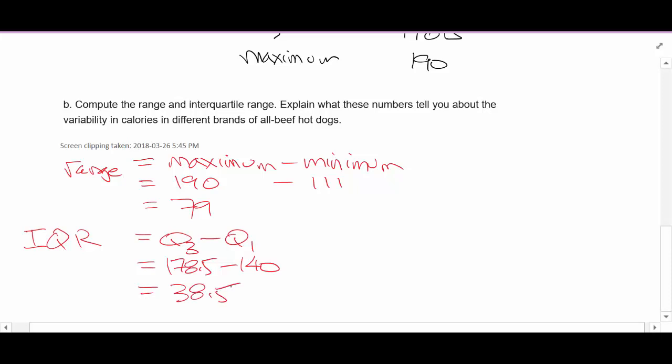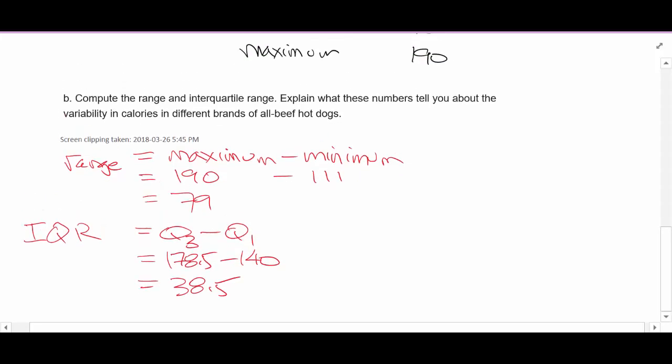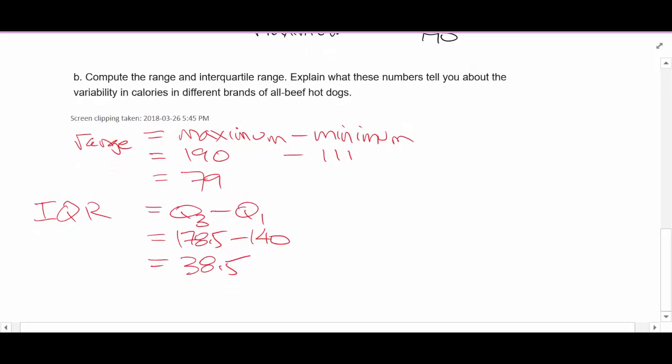So what these numbers do, in terms of talking about variability, is that the range is just the distance between the largest and the smallest values. The interquartile range tells you how tightly grouped the data is, because each quartile is taking into account the spacing of the data.